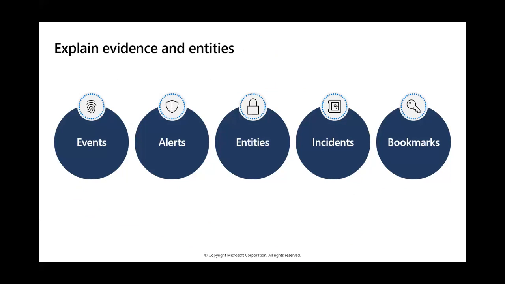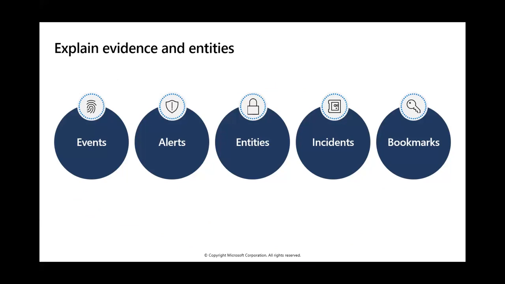And we can use entities as an entry point to explore all alerts and correlation associated with that entity. There are also bookmarks. While investigating an incident, we might identify events that we want to track or mark for later investigation. And we can preserve the queries run in log analytics by choosing one or more events and designating them as bookmarks.